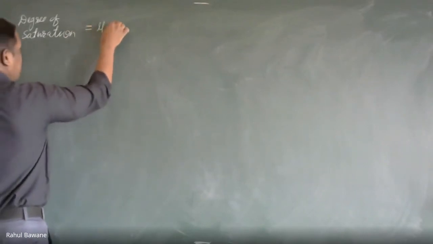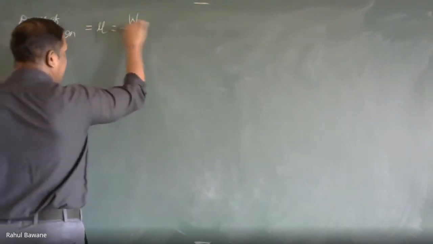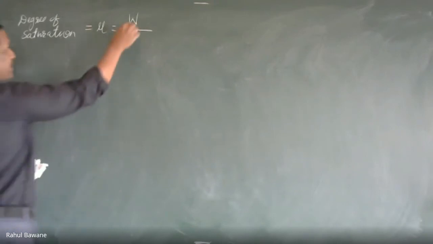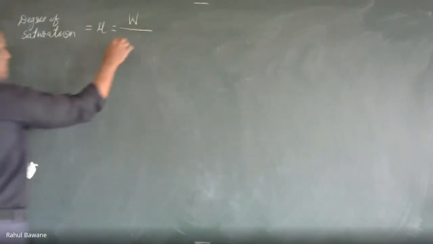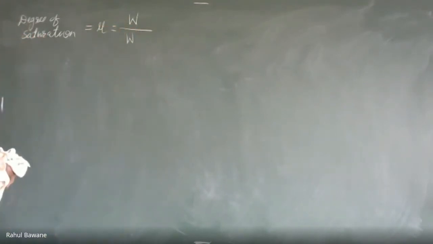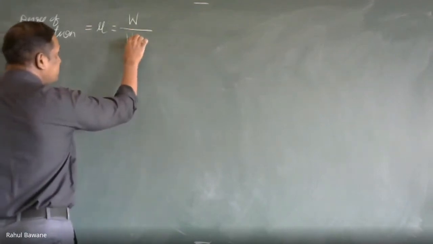So we can say the degree of saturation, which is denoted by mu, is the actual specific humidity: the mass of vapor contained by a mass of dry air, to the mass of vapor contained by that mass of dry air at the same temperature when the air reaches saturation.